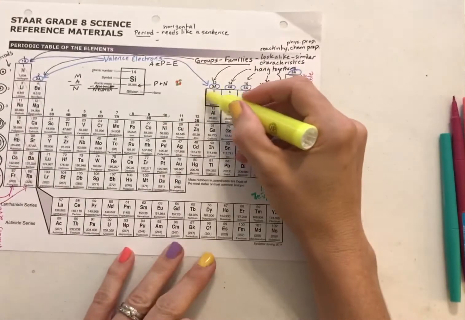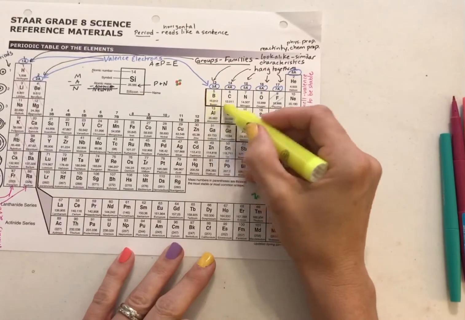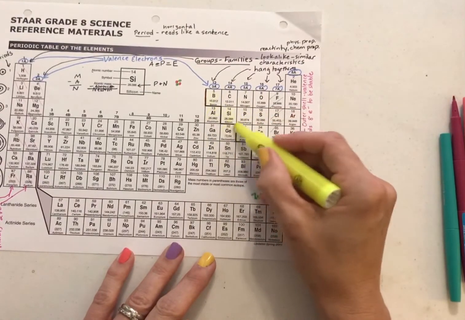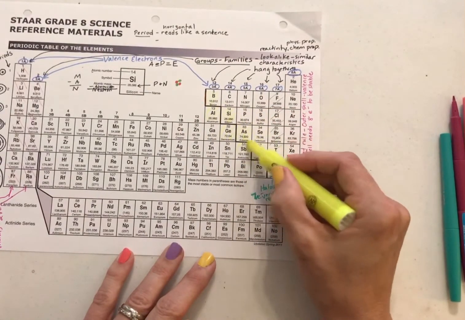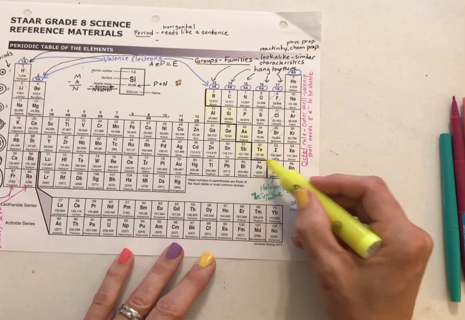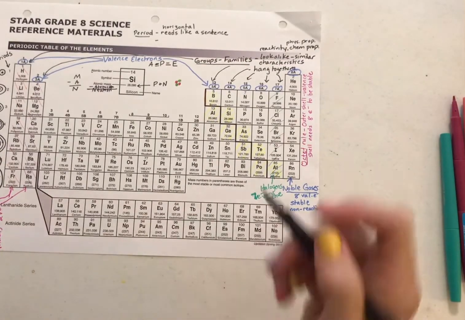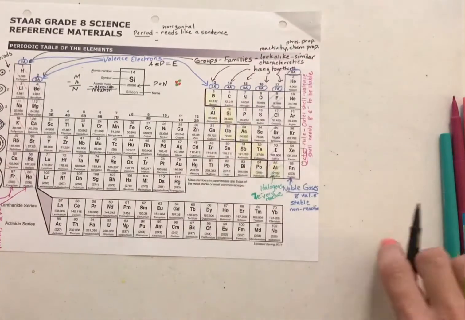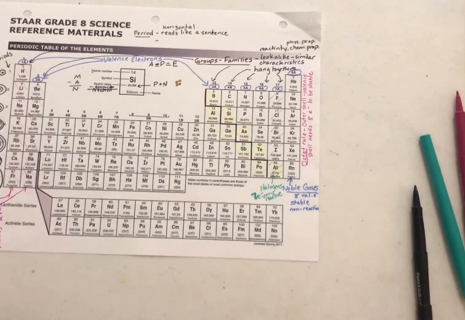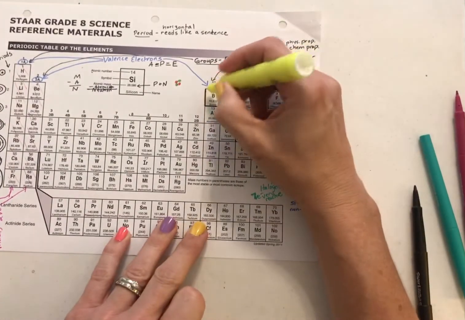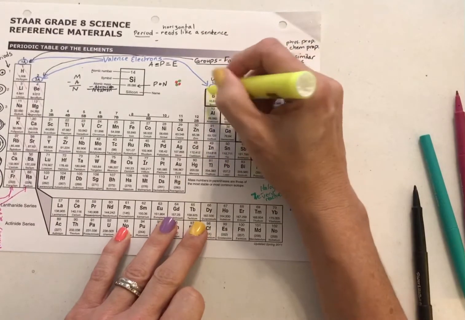So it's going to be touching the line. It's basically going to be on either side of the horizontal line are your metalloids. And these are elements with characteristics of metals and non-metals. So sometimes they behave like metals and sometimes they behave like non-metals. So I'm going to sort of outline those. Actually, I'm going to highlight them so you can see them.